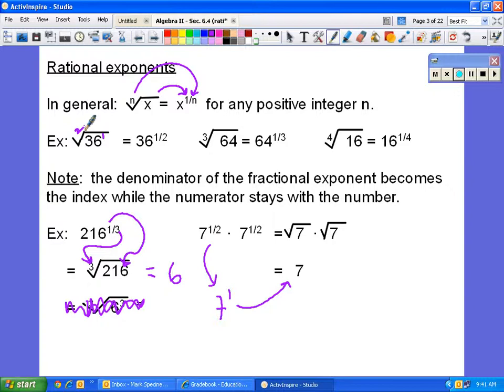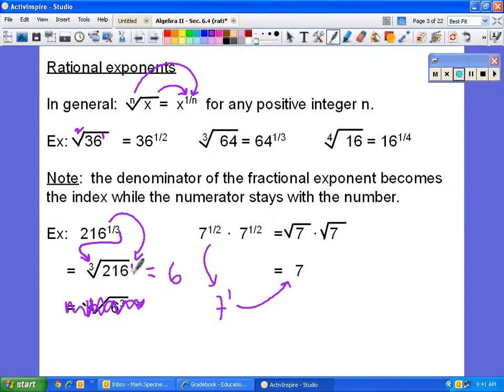The 1 stays with the 216 inside the radical, and the 3 becomes the index. Now when you're writing it, you don't have to write the 1 for the exponent. You can if you want to. Then we can figure out that the cube root of 216 is 6.